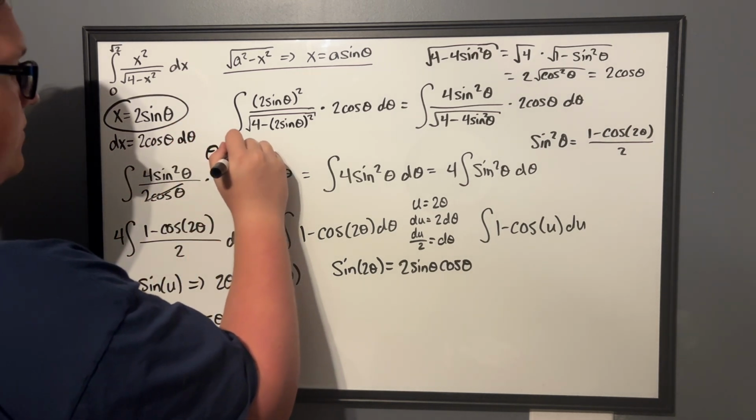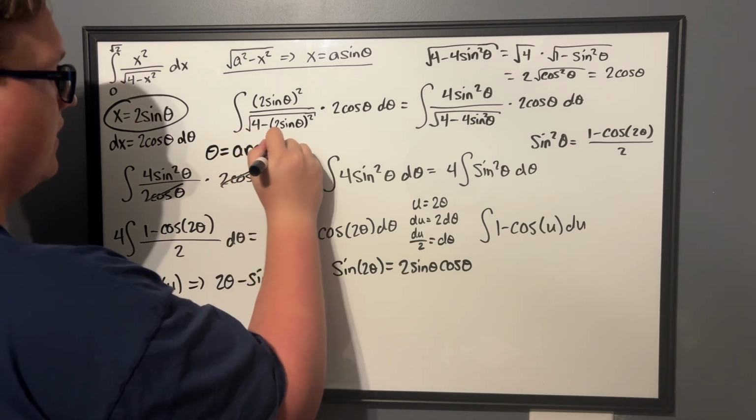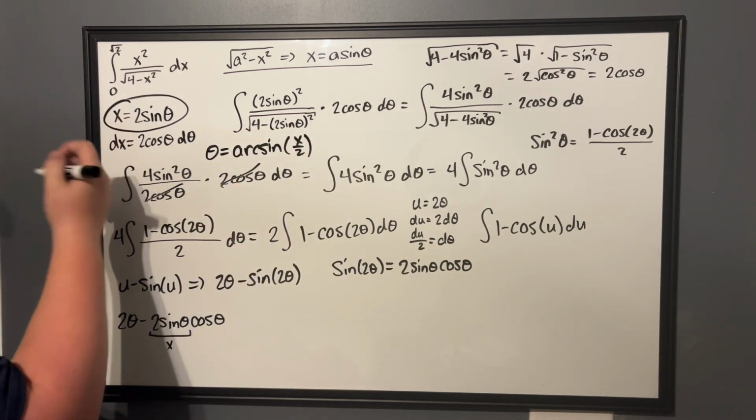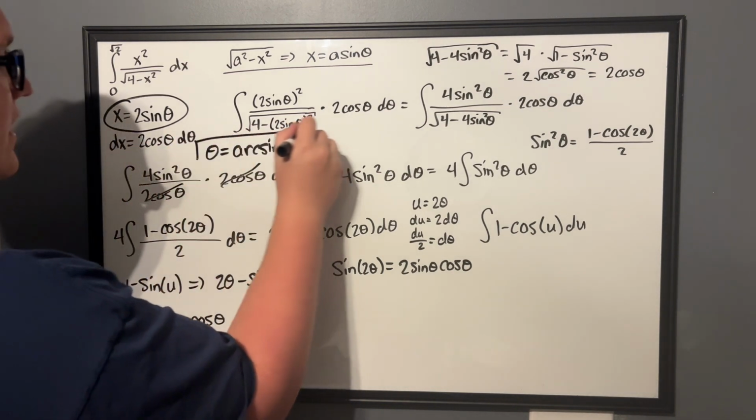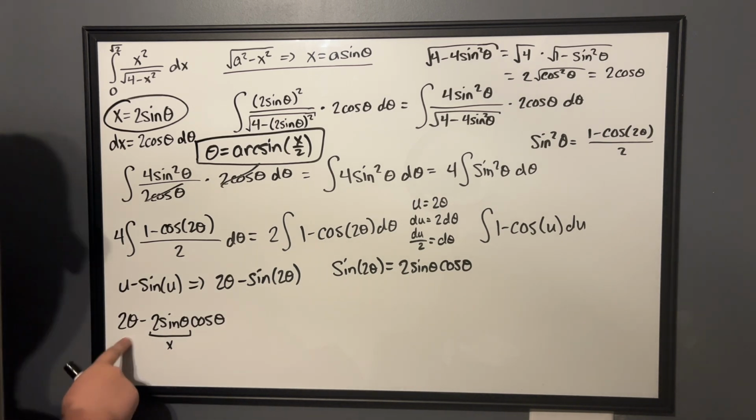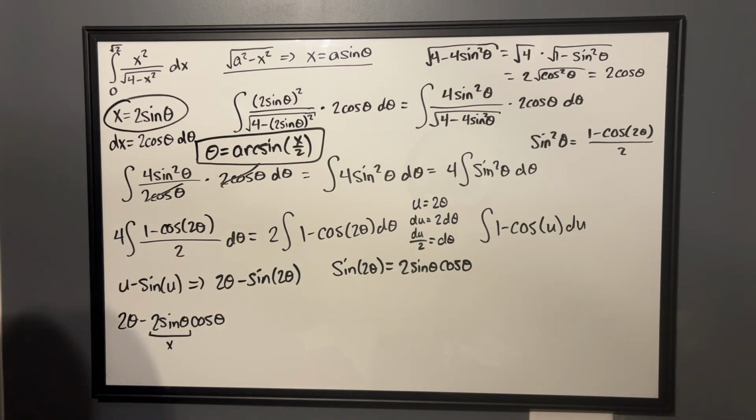So theta is going to be equal to arcsine of x over 2. We got those just by dividing by 2 and then taking arcsine of both sides. So we have theta is equal to arcsine of x over 2. And that is going to help us with this part. Now the only thing that we don't have is what cosine theta is equal to.